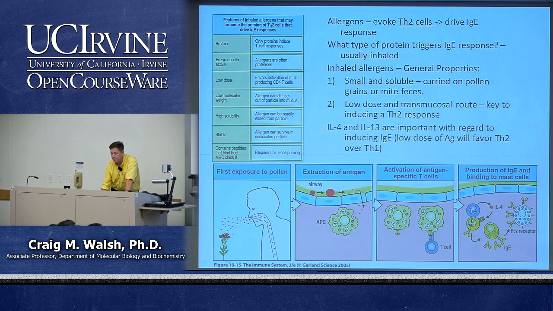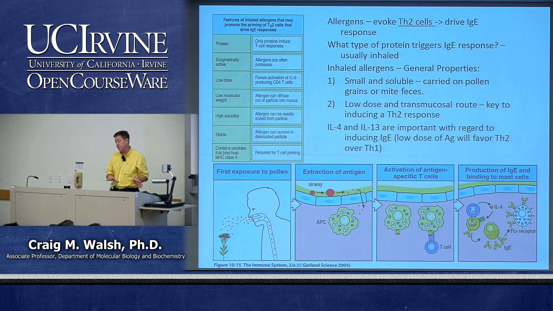So some of the kinds of antigens that drive this, that act as good allergens, are, for example, proteins, because proteins are required to induce a T cell response. They're typically enzymatically active, and an example of this are proteases, and I'll show you on the next slide why that's usually the case. They're low dose, and so we talked a little bit about what conditions drive a Th1 versus Th2 response, for example.